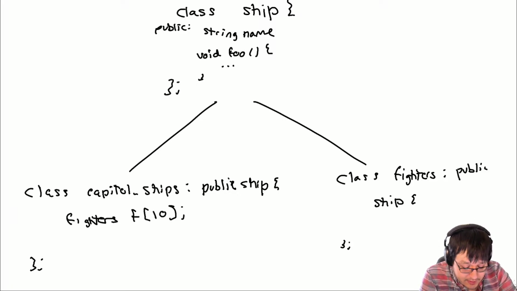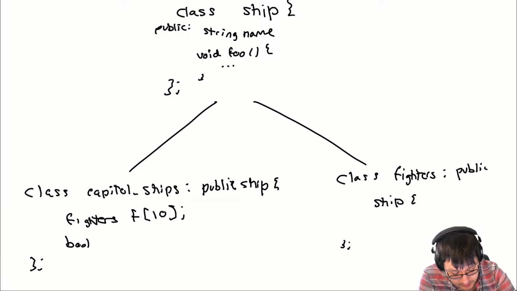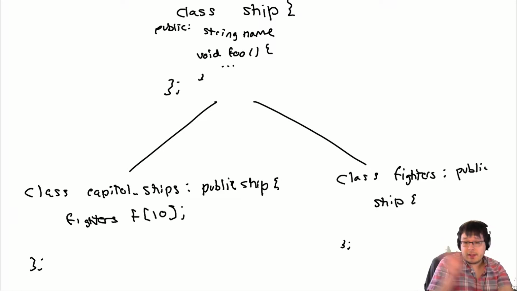What could a capital ship have that a fighter ship might not? That might be hyperdrive engines. We'll say Boolean has hyperdrive, I guess. Well, no, that's not really a good thing. Let's just leave it like that, actually.